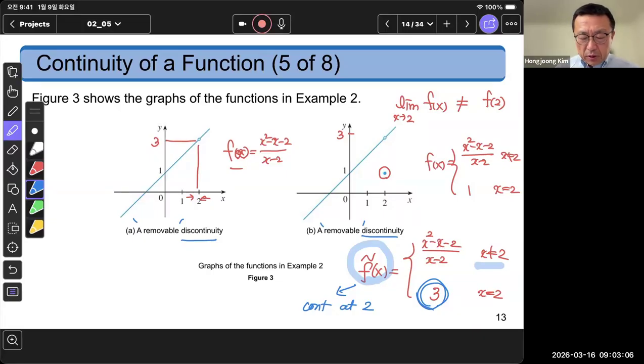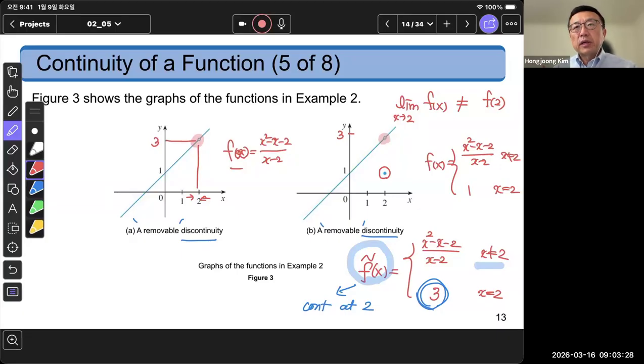So that means this 3 is the missing value here in the graph. If I fill that point, which means if I assign the value 3 at 2, then the graph of the function will be continuous without any jump, without any hole, but continuous.